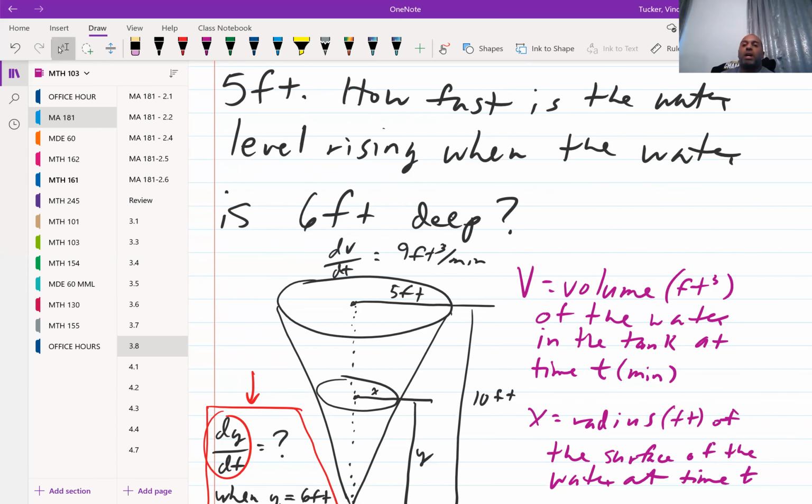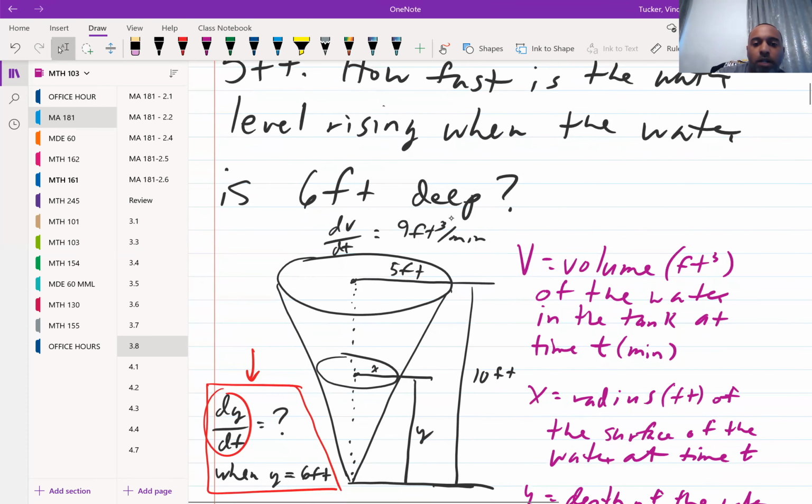So we want to know how fast the water level is rising when the water is 6 feet deep. Here is the drawing. Basically what we're asking, right here in red, is what is dy/dt, the rate of y with respect to t, when y is 6 feet?